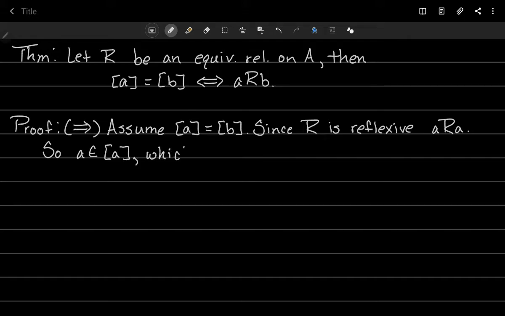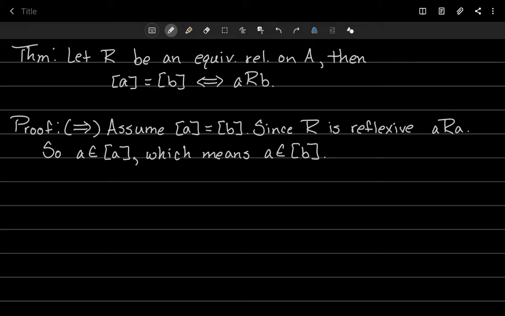Which means A is in the equivalence class of B, because those two sets are equal, they have the exact same elements. Okay, but what does it mean to be in the equivalence class?